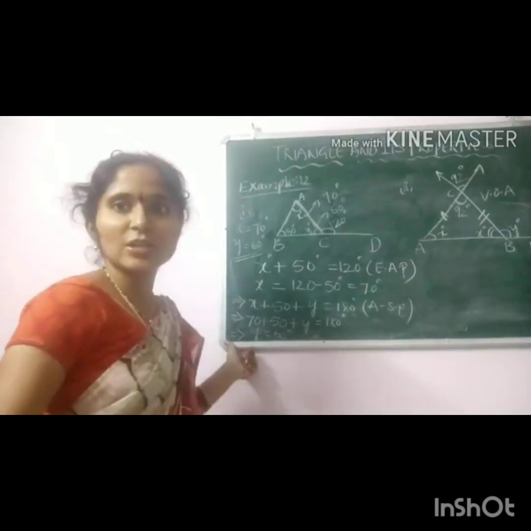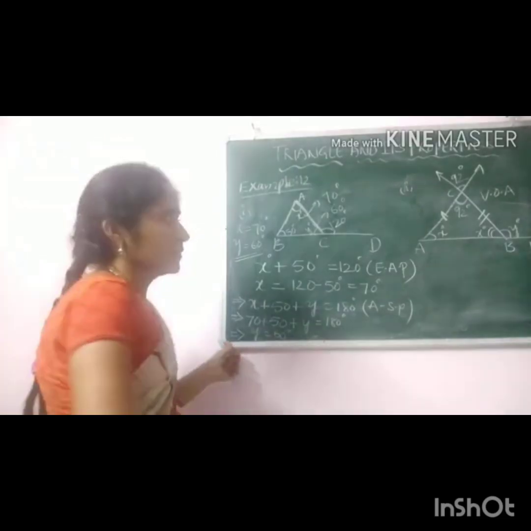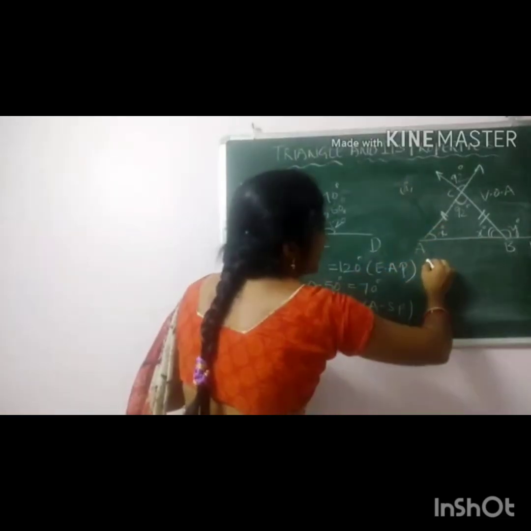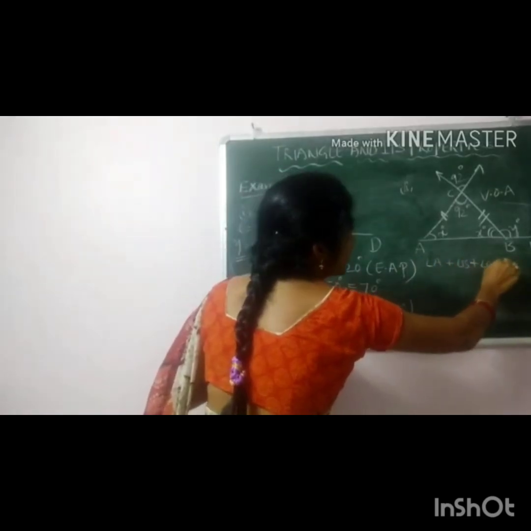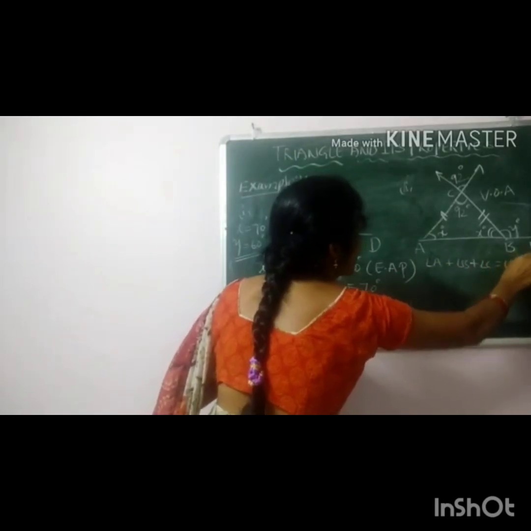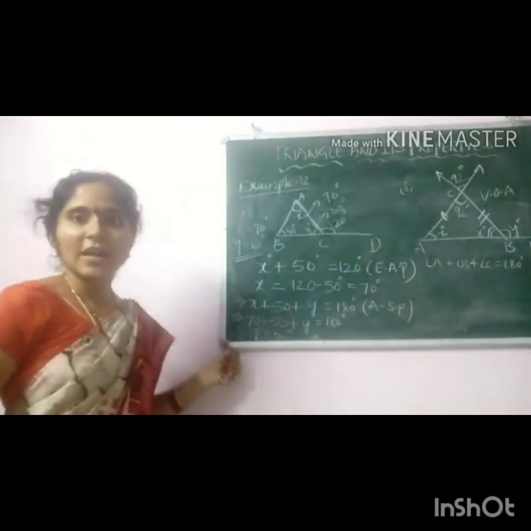First we should use the condition in a triangle: the sum of three interior angles is equal to 180 degrees. That is the angle sum property.